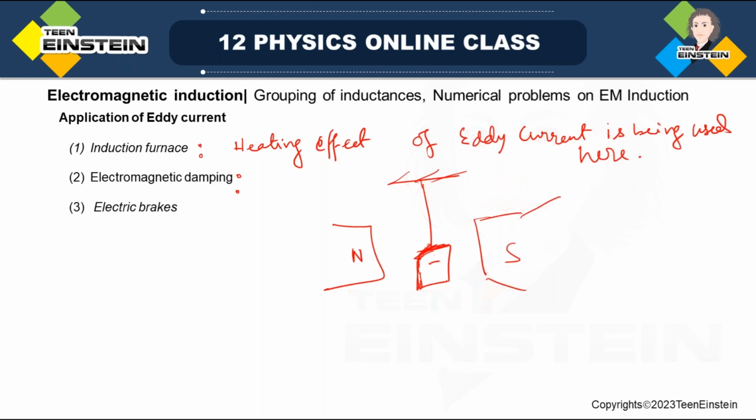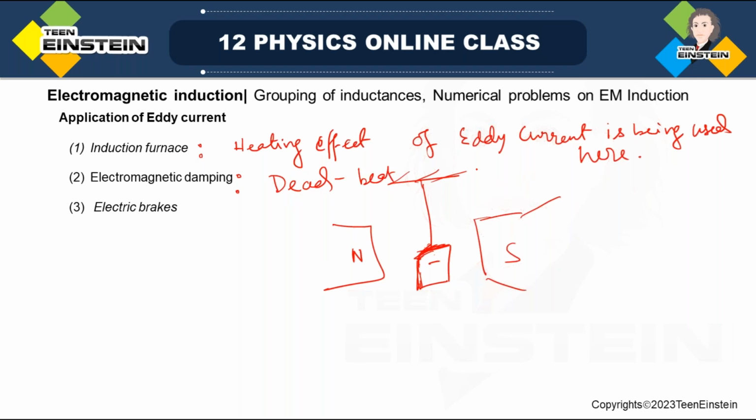The motion of this will be damped. It will not move in the region here. So that is electromagnetic damping, which is used in the dead beat galvanometer.